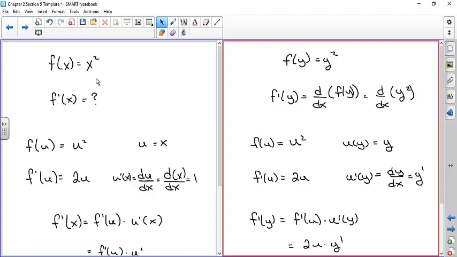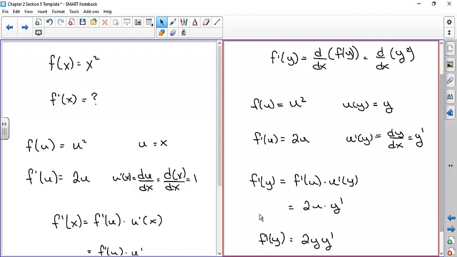So when I stick it into the chain rule, this is f prime of x, so I'm taking the derivative with respect to x. I have the derivative of this with respect to u, and because this is u and the derivative is with respect to u, I use the same rules that I normally use.